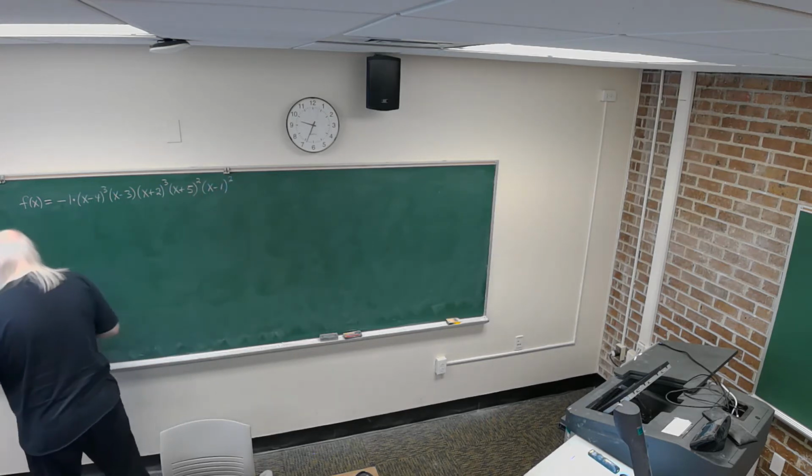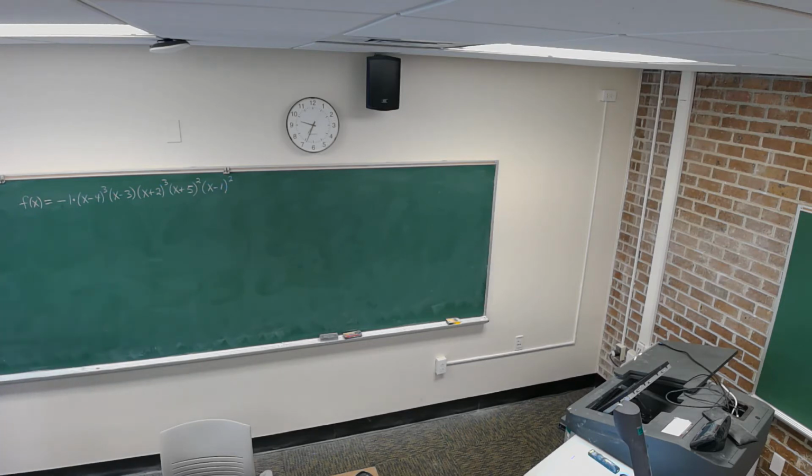And so yesterday we talked about the multiplicity of zeros. The zero can occur more than once. And so to find the zeros of this factored polynomial, we set the right-hand side equal to 0. And then, using the zero product property, we set each factor equal to 0 and solve for x.